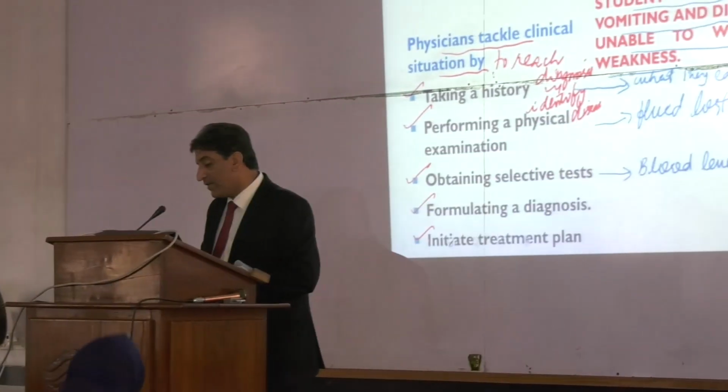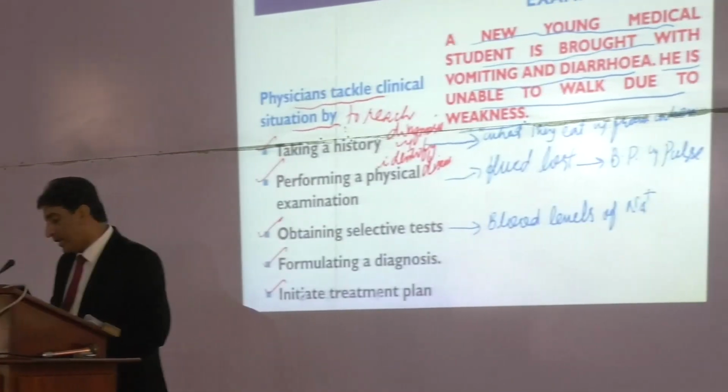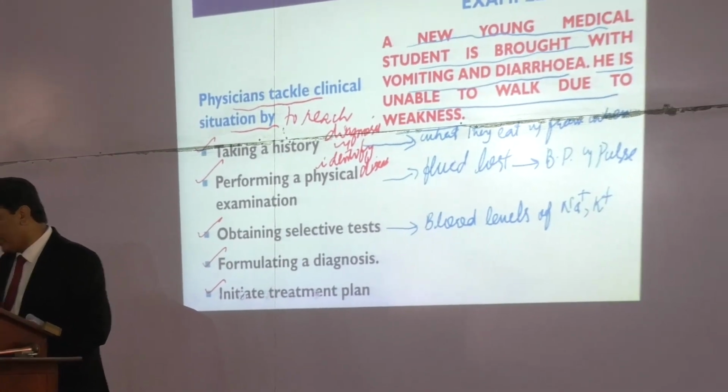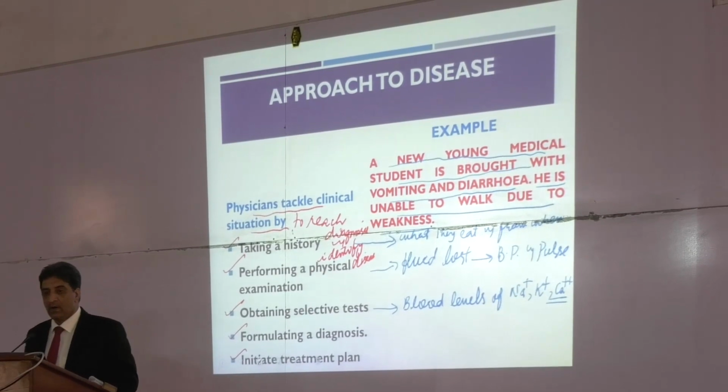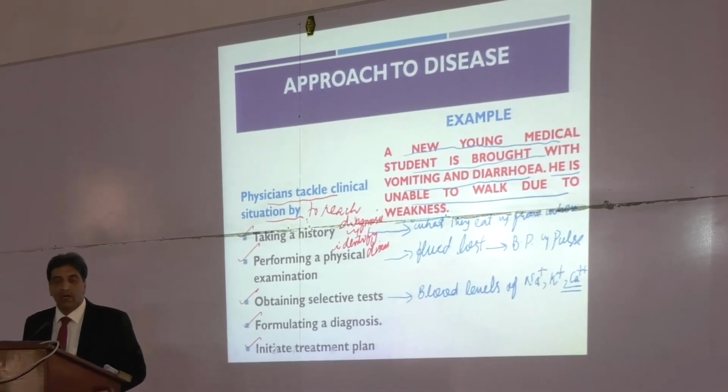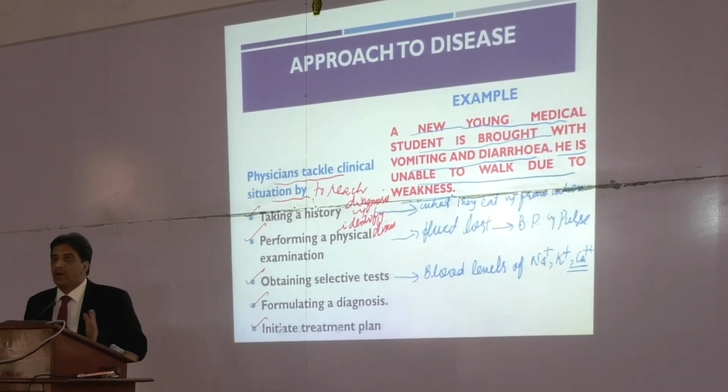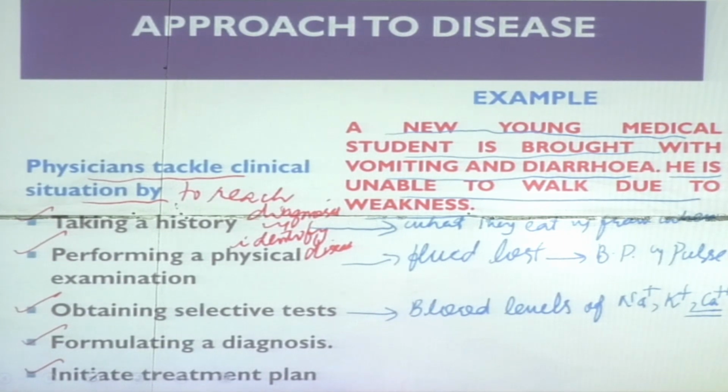Blood levels of sodium, potassium, and calcium, as you told. So, as the fluid is lost, ions are present in it. And what are the common ions? These are sodium and potassium, which are necessary for cellular function.